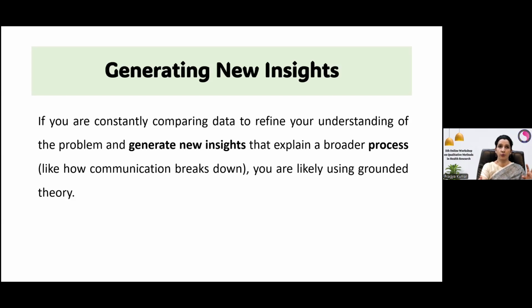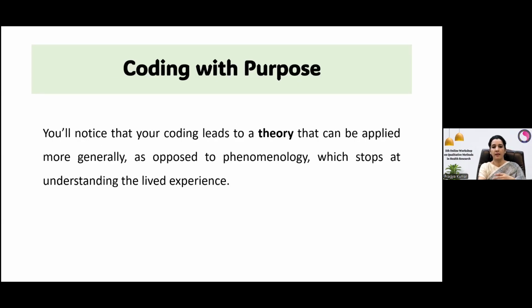And by seeing and analyzing those processes, I am generating a new insight that explains a broader process. So this can be done by grounded theory. And like I said, the coding methods used in each type of research will be a little different.